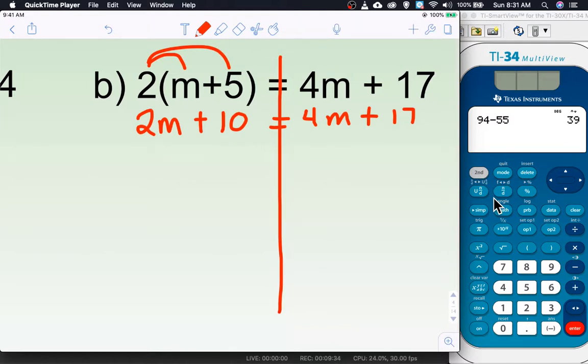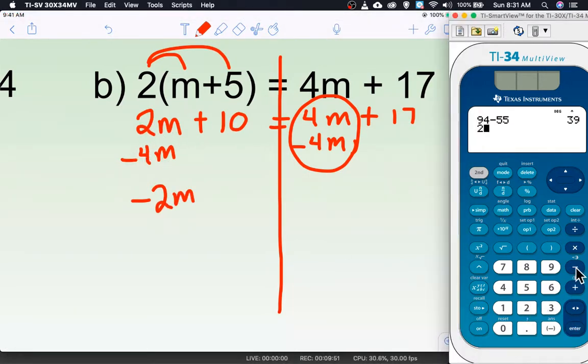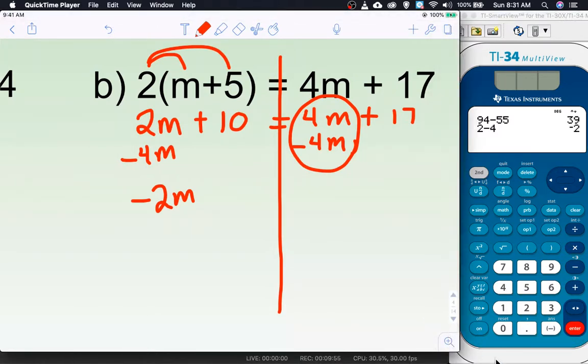I'm going to subtract 4m because I want to cancel out this positive 4m. So I'm going to have, let's see, 2m minus 4m, and 2 minus 4 is negative 2. Negative 2m plus 10 equals 17.